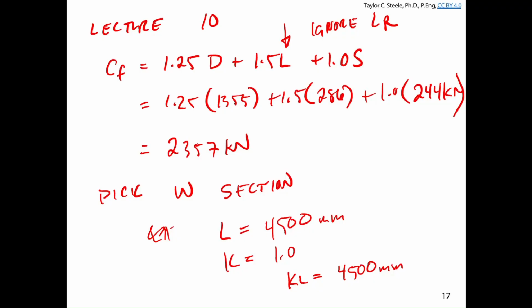Okay, so we needed to pick something for an effective length of 4,500. I'm going to use a W310 by 97. CR is equal to 2,820 kilonewtons.